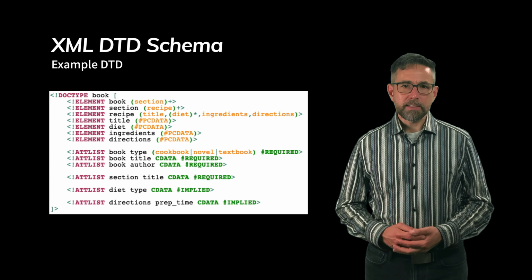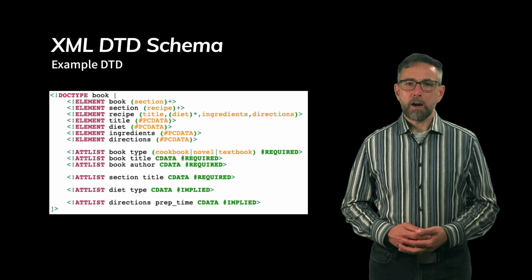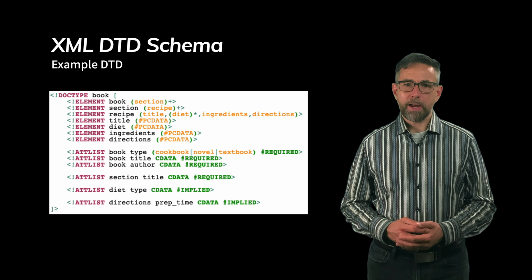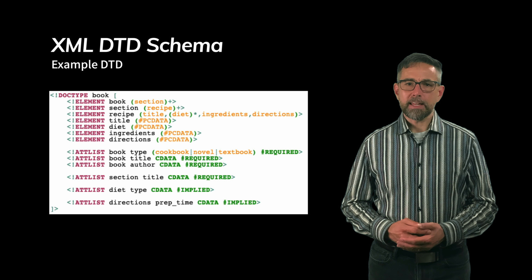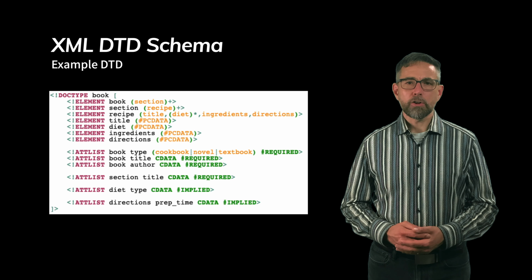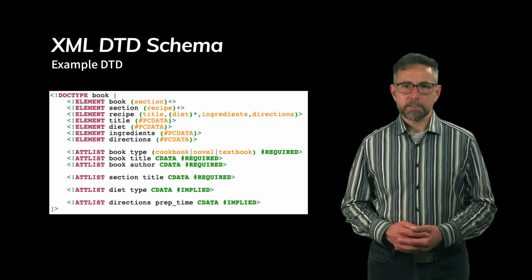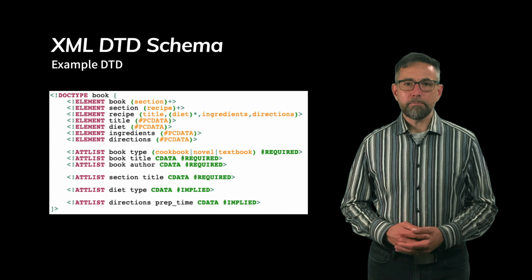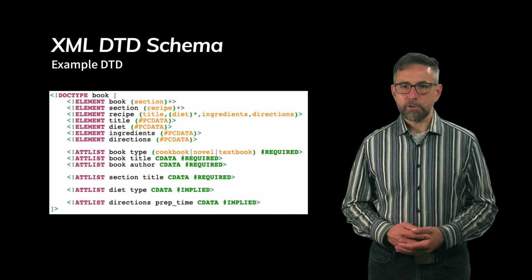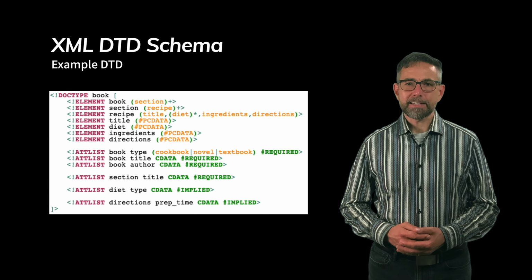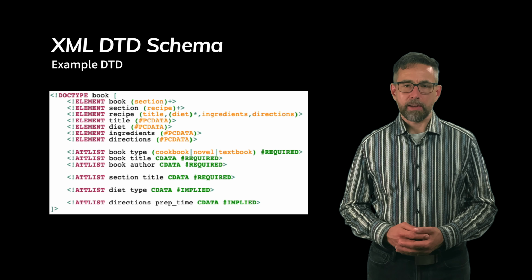The recipes are a little bit more complicated. If you look at this, you can see there's a more elaborate structure to what is allowed in a recipe. What we see is that it can have a title, followed by a diet, followed by ingredients, and followed by directions. In fact, what this means is that it must have a title, it must have ingredients, and it must have directions, and they must come in that order. What's interesting here is that the diet tag has a star and some parentheses around it.